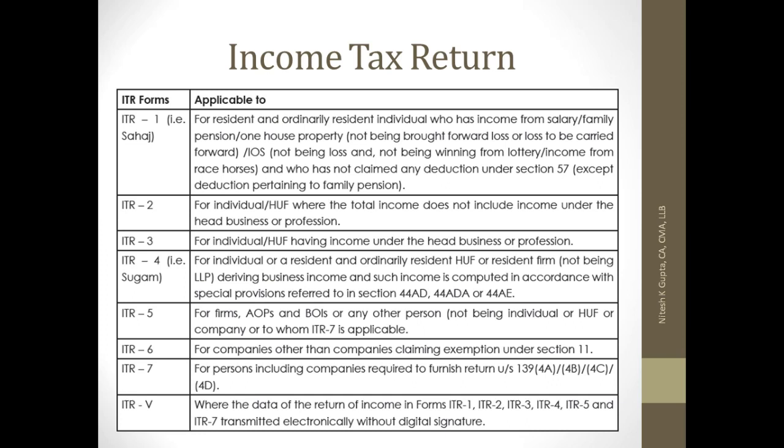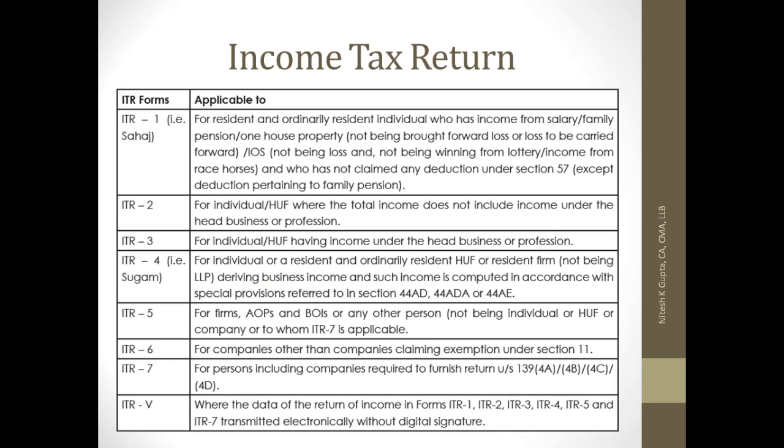ITR 5 is for partnership firms, AOP, BOI or any other person to whom ITR 7 is not applicable. ITR 6 is for companies other than those claiming deduction under section 11.